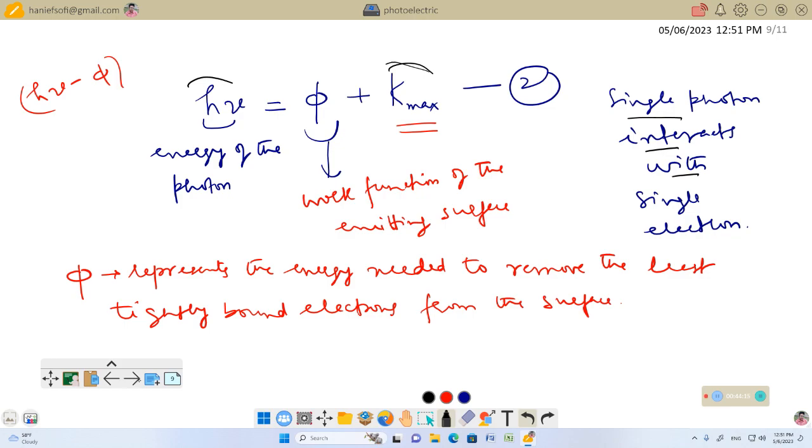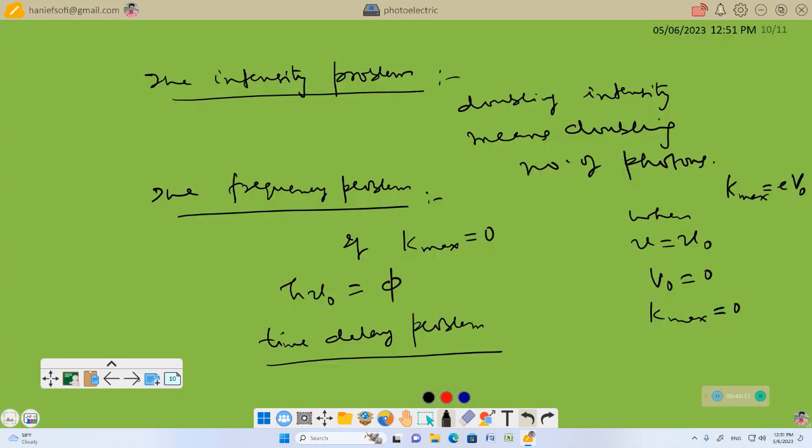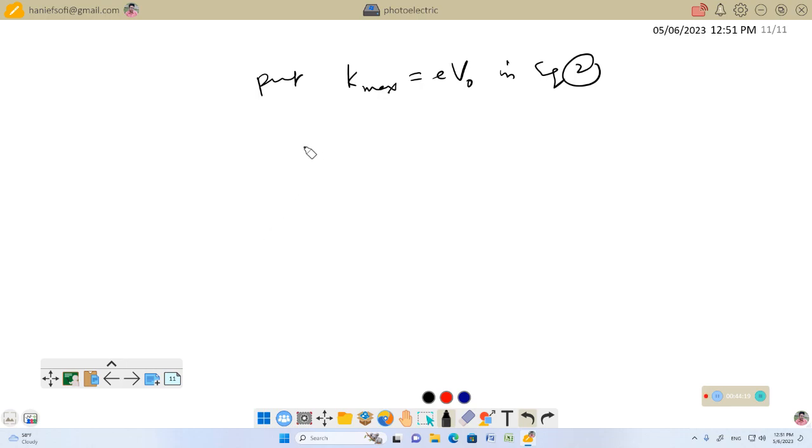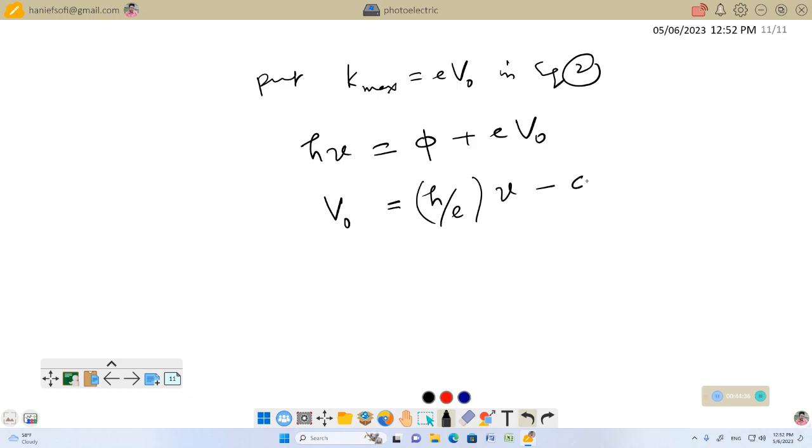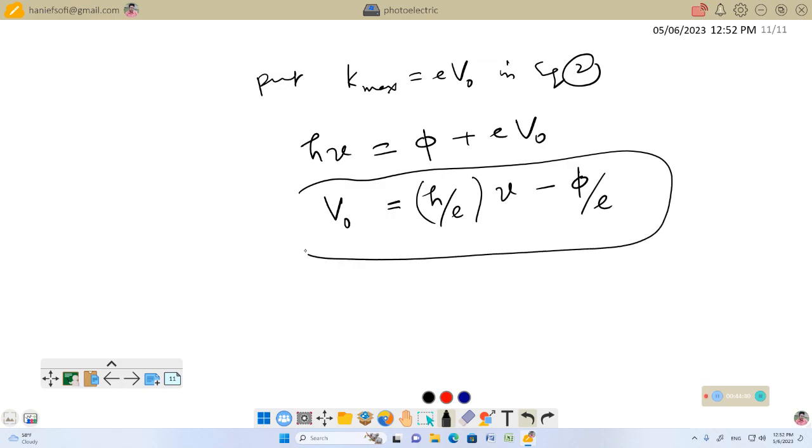What do I get? h nu is equal to phi plus eV naught. If we solve for V naught, we get this: V naught is h by e times nu minus phi by e.